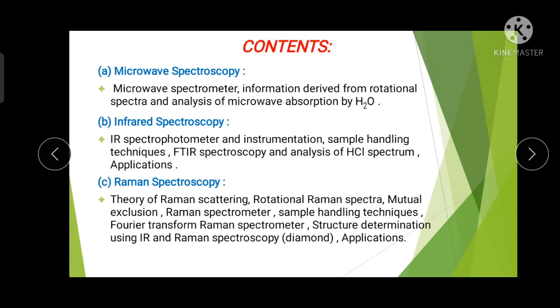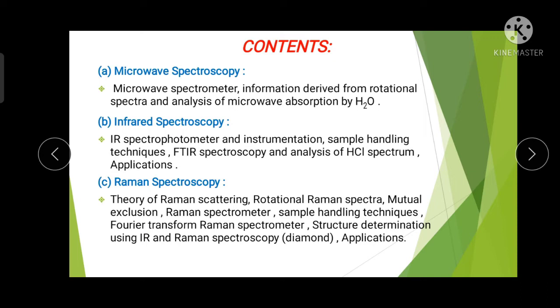First of all, in infrared spectroscopy we study the IR spectrometer, or simply the instrumentation of IR spectroscopy. We know that the IR region of the electromagnetic spectrum has three different regions: the near infrared region, the far infrared region, and the mid infrared region.